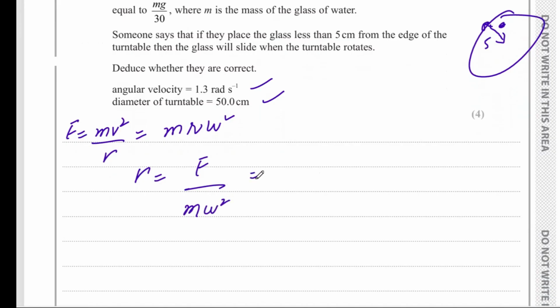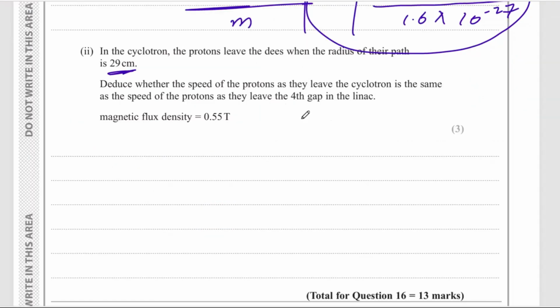Now, as far as the force is concerned, you need to admit that the centripetal force acting on this sort of an object should be equal to the force acting inside the field. What does that really mean? That mv squared upon r should be equal to qvB. This v and this v could get cancelled out.